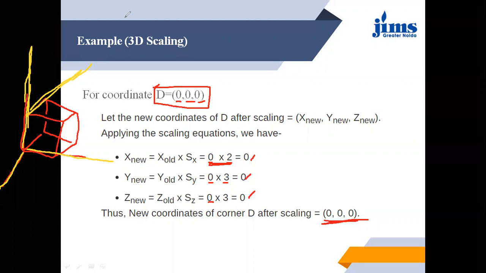This will be on the axis. So let me draw. The z axis value is also going to increase 3 times. So these values are multiplied by 2, 3 and 3.